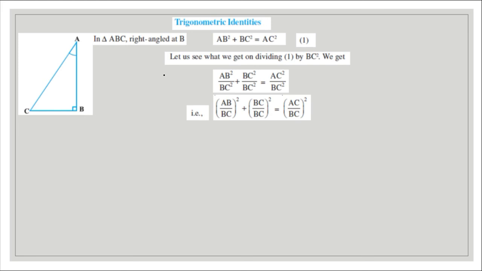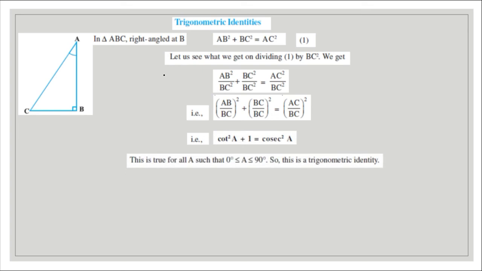It is the adjacent side by opposite side. AC is hypotenuse and BC is opposite side. The relation obtained is cot square A plus 1 equal to cosecant square A. This is also true for angles between 0 and 90 degree. So this is the third important trigonometric identity.